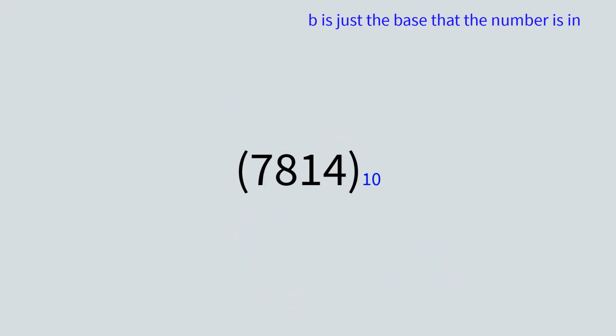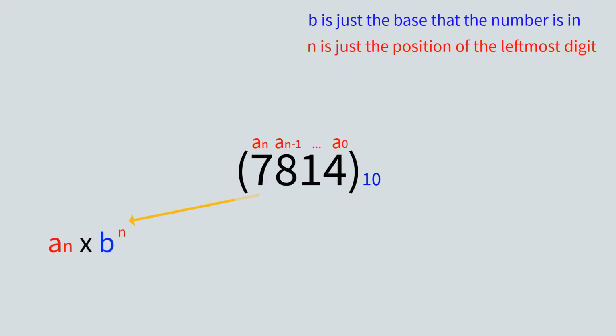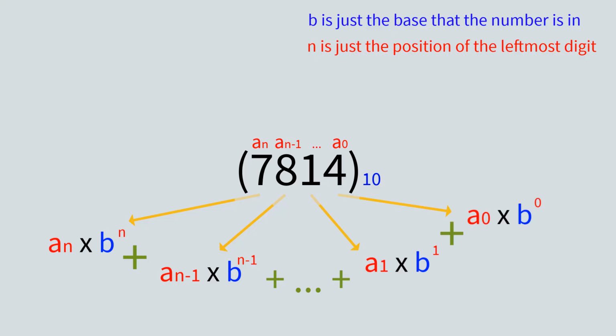For a number written as a_n, a_(n-1), all the way to a_1, a_0, where these a's are the digits of the number from left to right, in base b we expand it as a_n multiplied by b to the power of n, plus a_(n-1) multiplied by b to the power of n minus 1, all the way to a_1 multiplied by b to the power of 1 and a_0 multiplied by b to the power of 0. The calculation is then done using normal base 10 arithmetic.